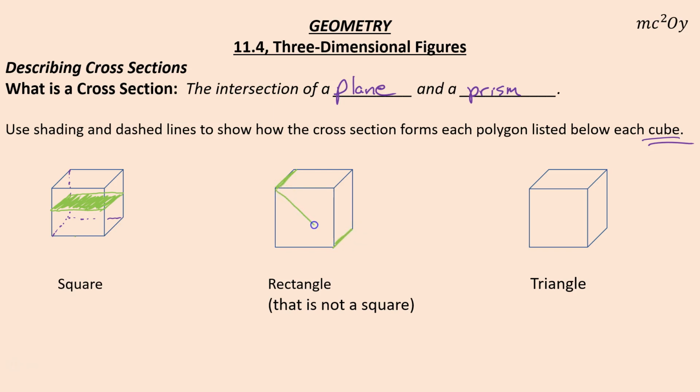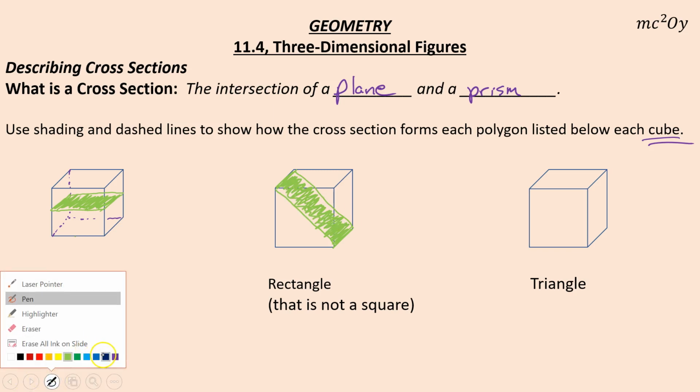Okay, so let's say go like that. Oops, let's try that again. Okay, so I have this plane that's doing something like that. It's cutting through it. Now, because I've actually covered up some of the lines, it kind of messes it up a bit.